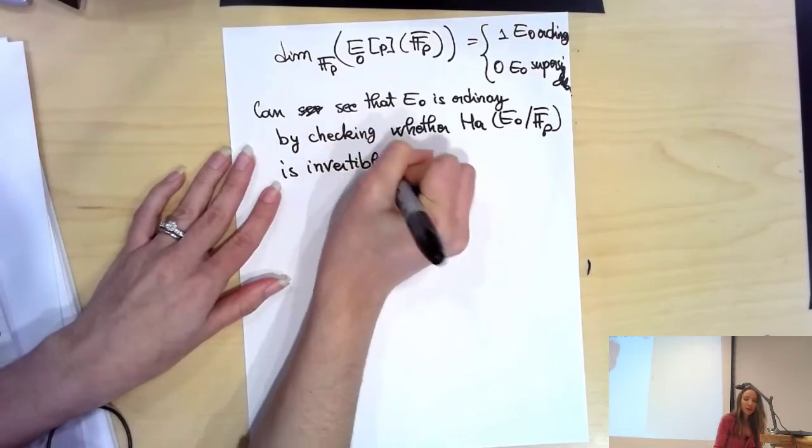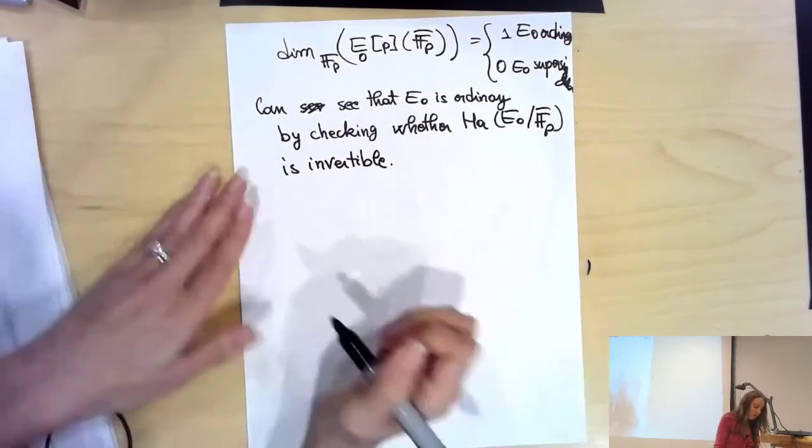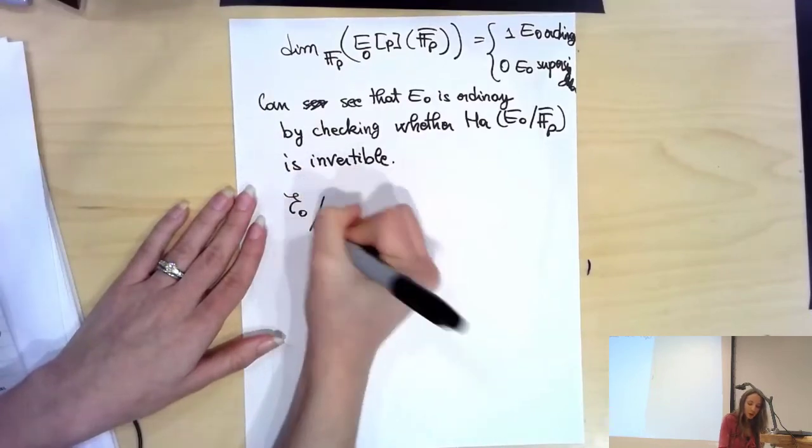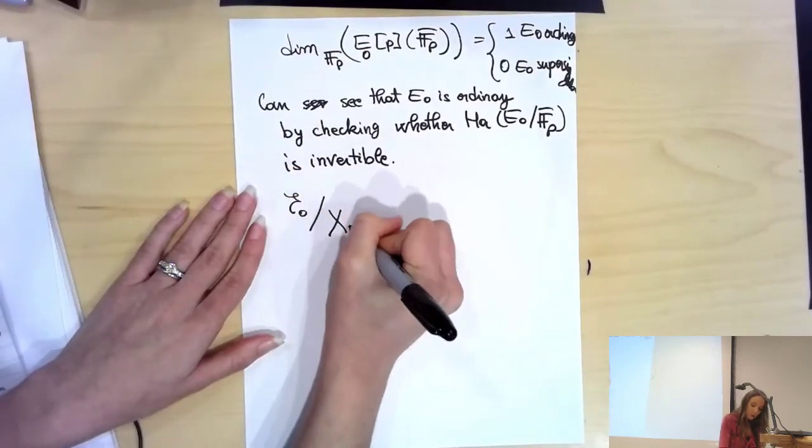And this is something that you can do when you work with a family of elliptic curves. So for instance, I could take the universal elliptic curve over the open modular curve.